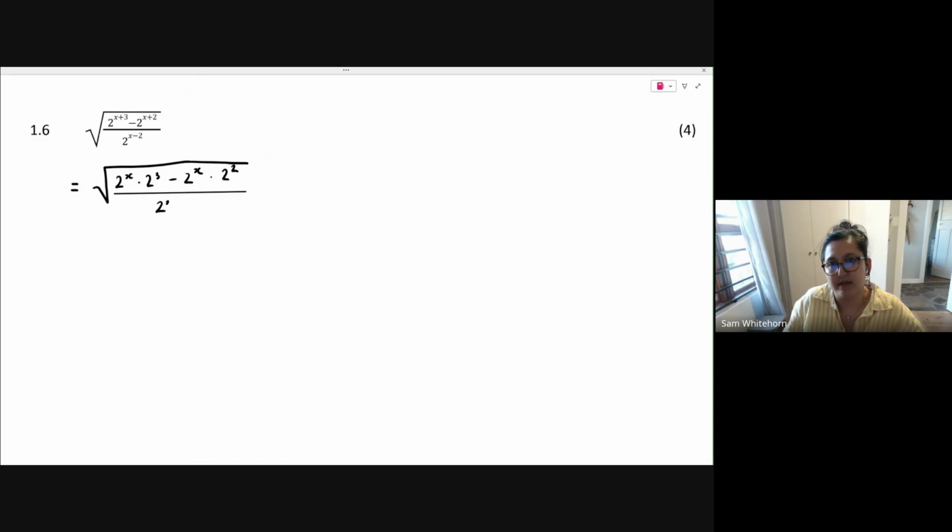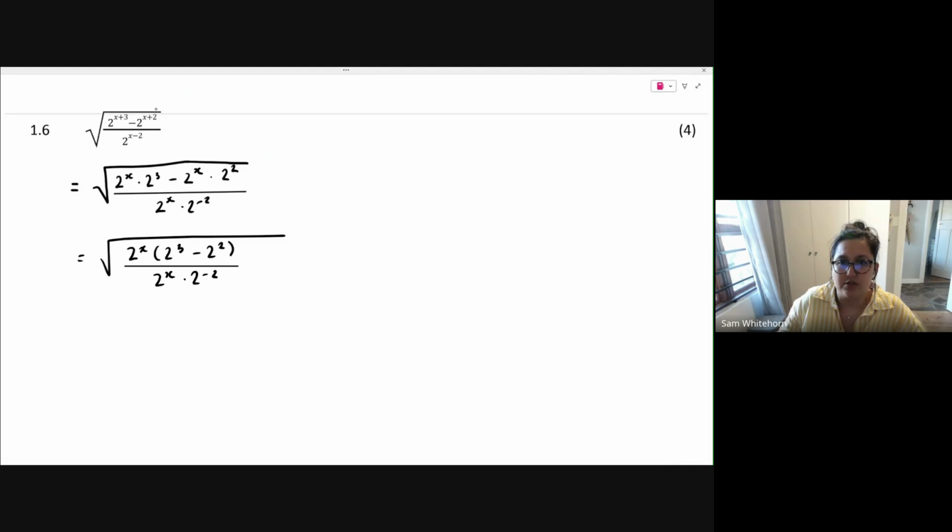Over 2 to the power x times 2 to the negative 2. We can clearly see that in our numerator, we have 2 to the power x as our common factor, leaving us with 2 cubed minus 2 squared all over 2 to the power x times 2 to the negative 2. 2 to the power x divided by 2 to the power x is just 1, so those simplify away.